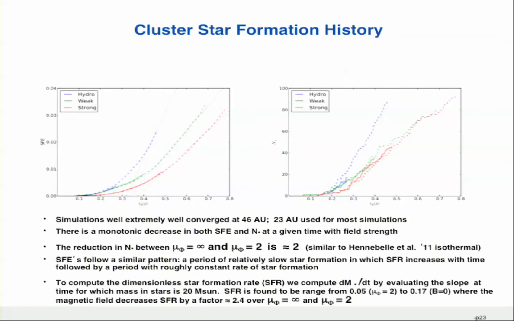To compute the dimensionless star formation rate, because that's what we're going to compare with observations, we compute the slope at a particular point. We now find that the star formation rate with full feedback is very close to what observers actually see, just a few percent efficiency. With no magnetic fields, that efficiency would jump back up to an order of magnitude higher, to about 0.12.